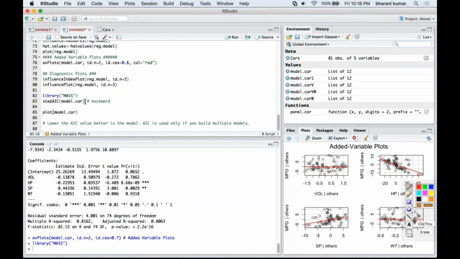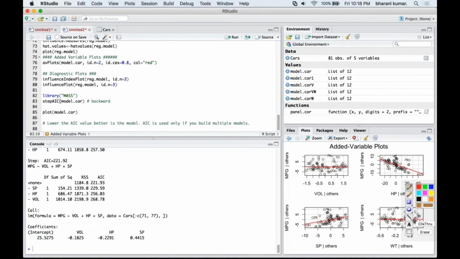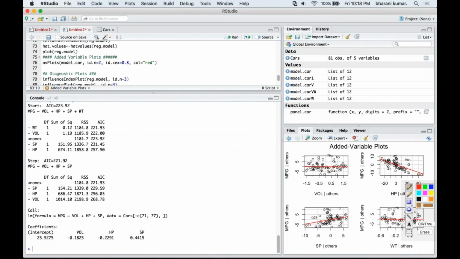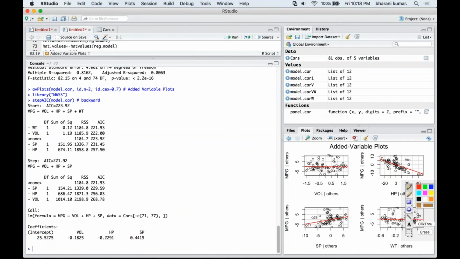Focus. Last step. We have backward step AIC and forward step AIC. If I run this model, all the activities that we have done until now, added variable plot, influential observation, deletion diagnostic plots, and assumptions plots, are automatically taken care of. And look at this.